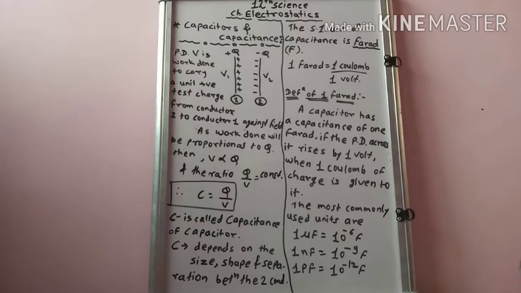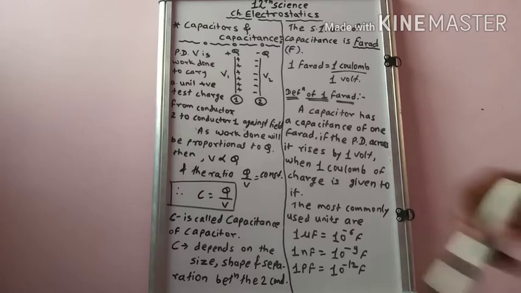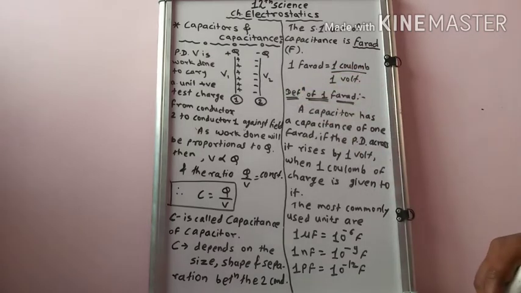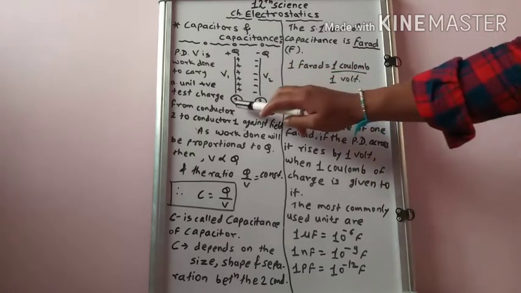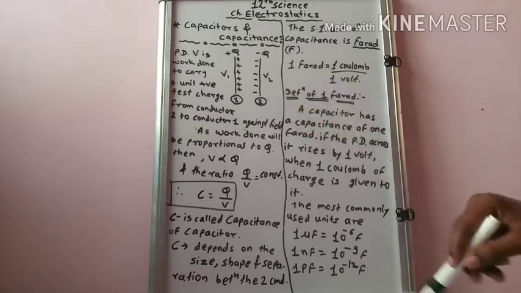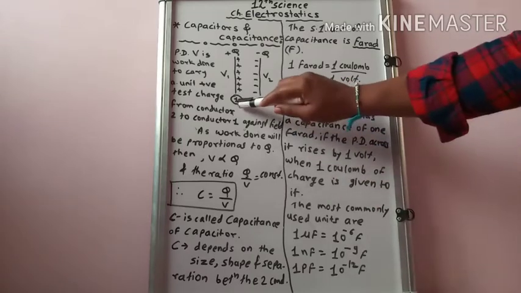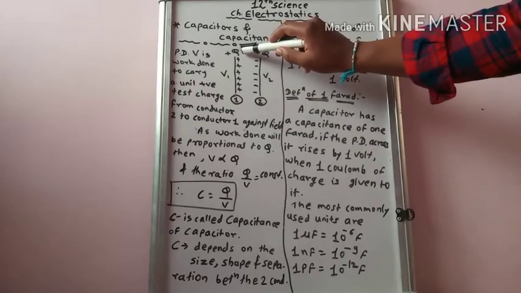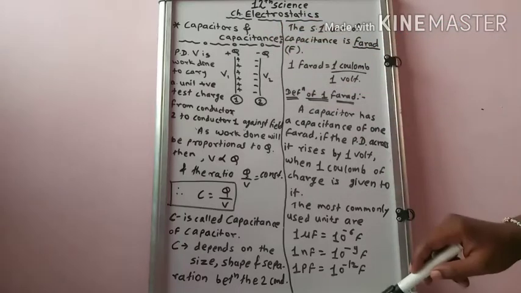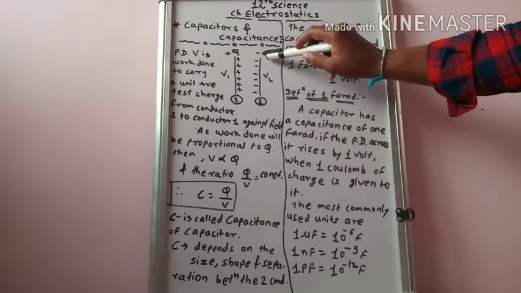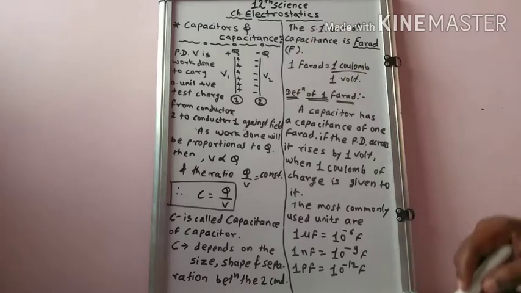It is the most common arrangement, consisting of a set of conductors having charge on them and separated by a dielectric medium. That means in this diagram we show two conductors, first conductor and second conductor. In the first conductor, positive Q charge is present and negative charge is on the second conductor.